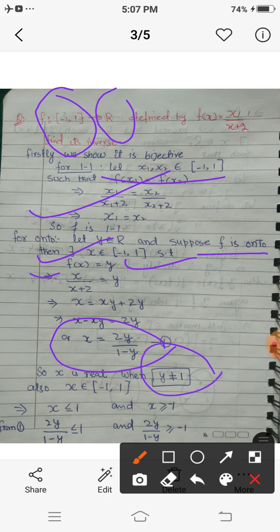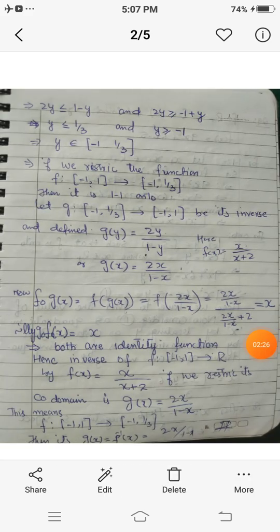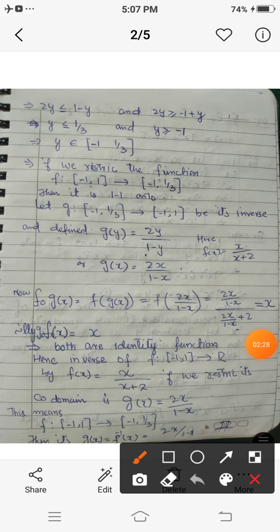Also x belongs to the interval [-1, 1], so x is less than or equal to 1 and x is greater than or equal to -1, which implies 2y/(1-y) is less than or equal to 1 and 2y/(1-y) is greater than or equal to -1. By cross multiplication, y is less than or equal to 1/3 and y is greater than or equal to -1, which implies that y belongs to the closed interval [-1, 1/3].